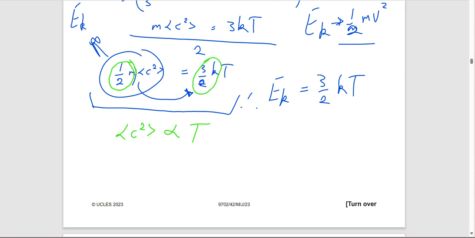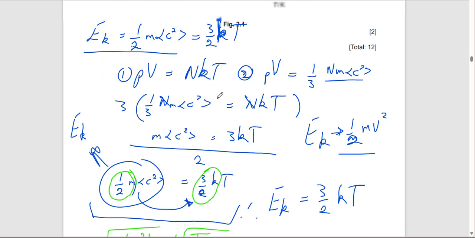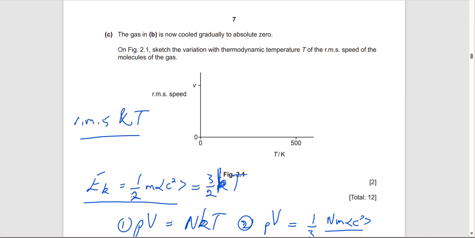That's all we wanted. But remember, this is just the mean square speed. So we want the root mean square speed. We just root both sides, and now we have that the r.m.s. speed is directly proportional to root T. That's our relationship, with the r.m.s. speed here and the temperature right there.